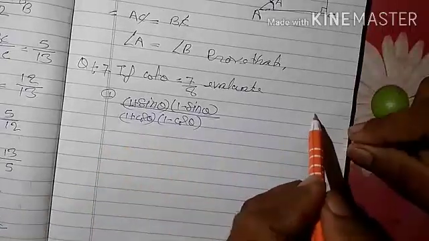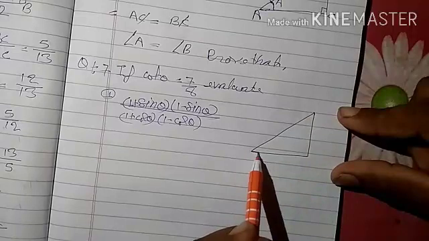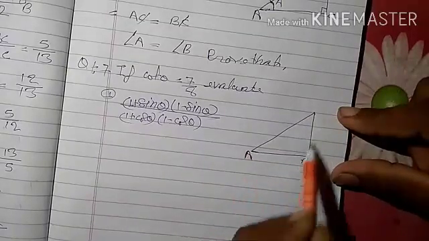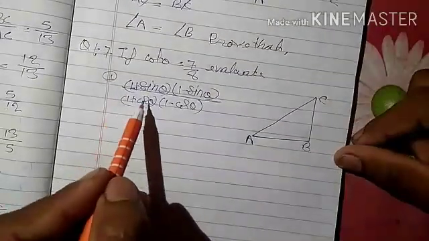So we draw a right angle triangle ABC. First of all we simplify this.